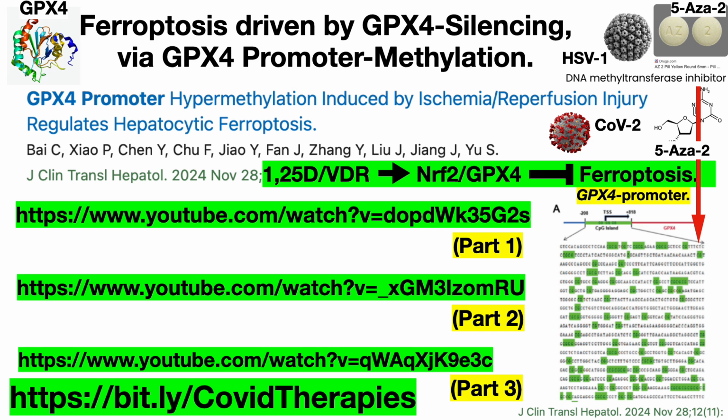And this paper in particular was discussed as a central mechanism by which injuries that occur during COVID and long COVID, which result in ischemic reperfusion injury, could lead to the hypermethylation of the GPX4 promoter, silencing this gene, which is critical for antioxidant, anti-ferroptosis capacity of cells.